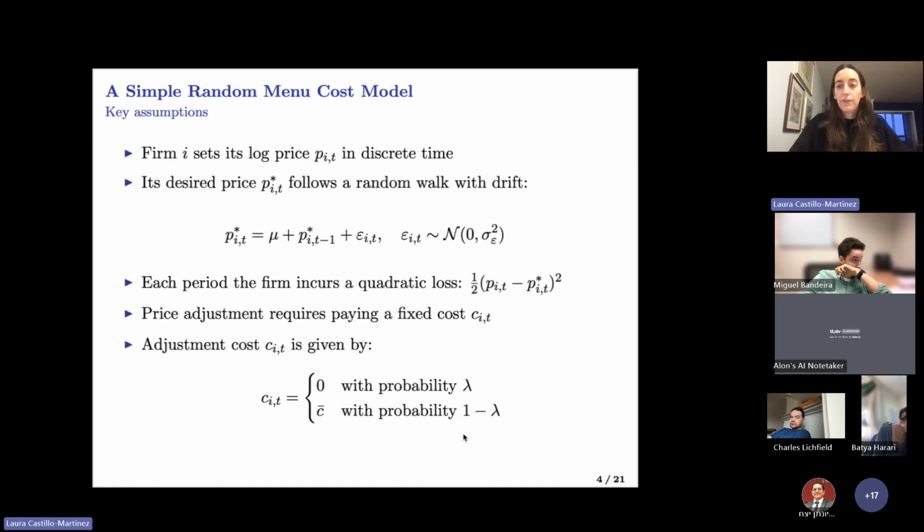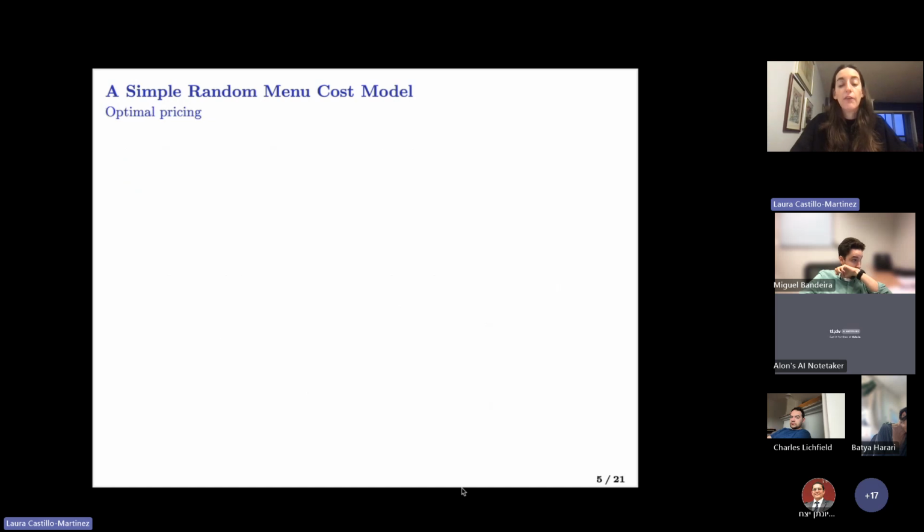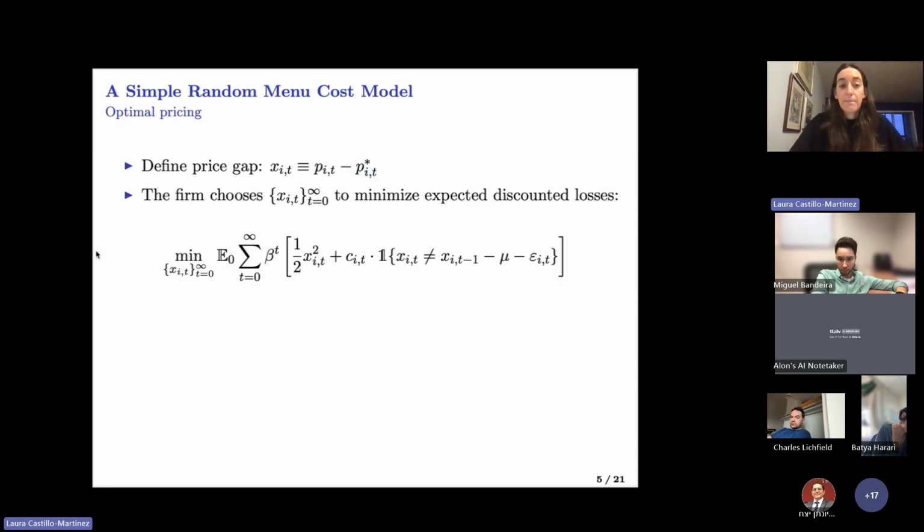So given this key set of assumptions, it's often very useful to redefine or write the problem of the firm not in terms of prices, but in terms of the price gap. That's the difference between the price your firm is going to be setting and the price that it would like to set if the world was completely frictionless. With that, the firm's problem is just to choose the path of the price gap to minimize expected discounted losses.